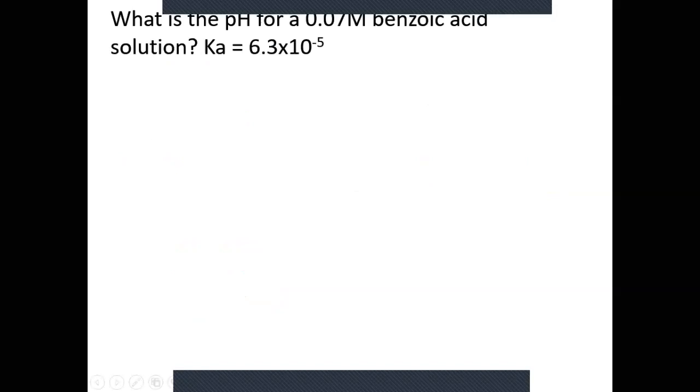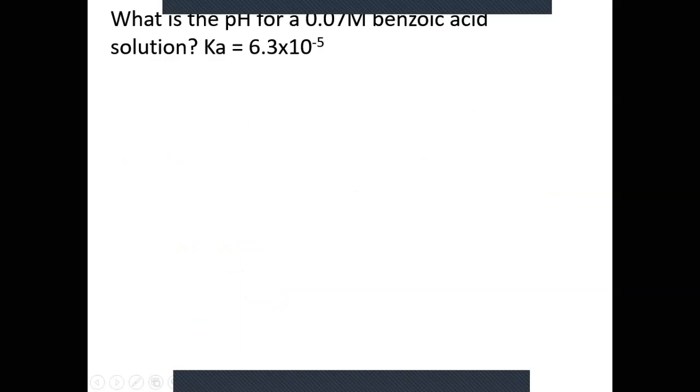So here we want to know what's the pH of a 0.07 molar solution of benzoic acid when the Ka is 6.3 times 10 to the negative 5. So notice here that the concentration is on the factor of 10 to the negative 2. The Ka is 10 to the negative 5th.